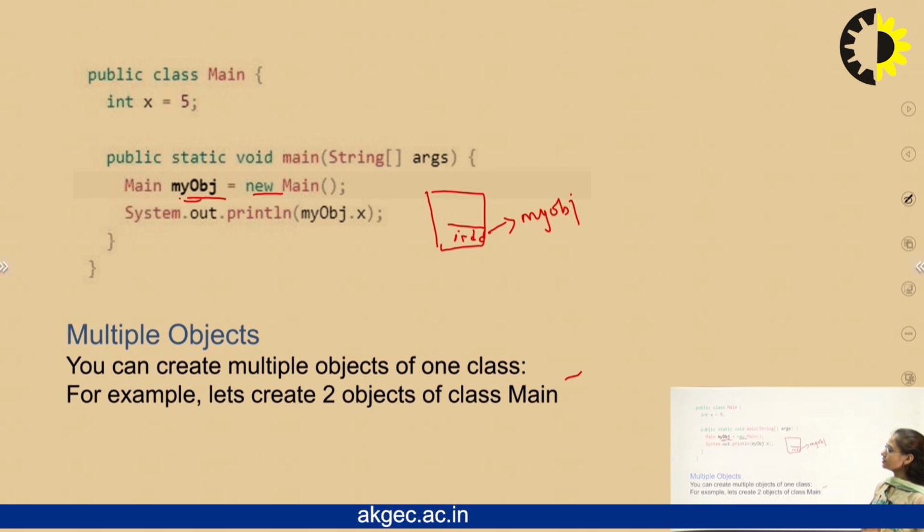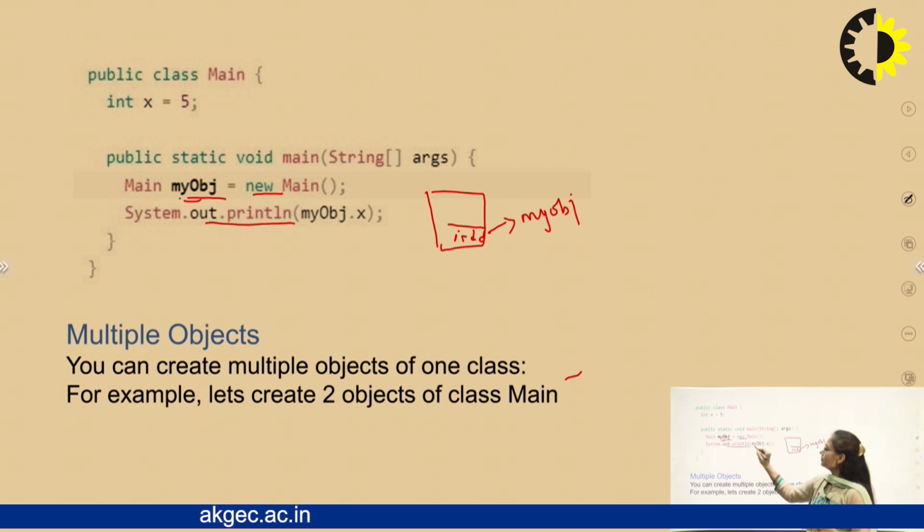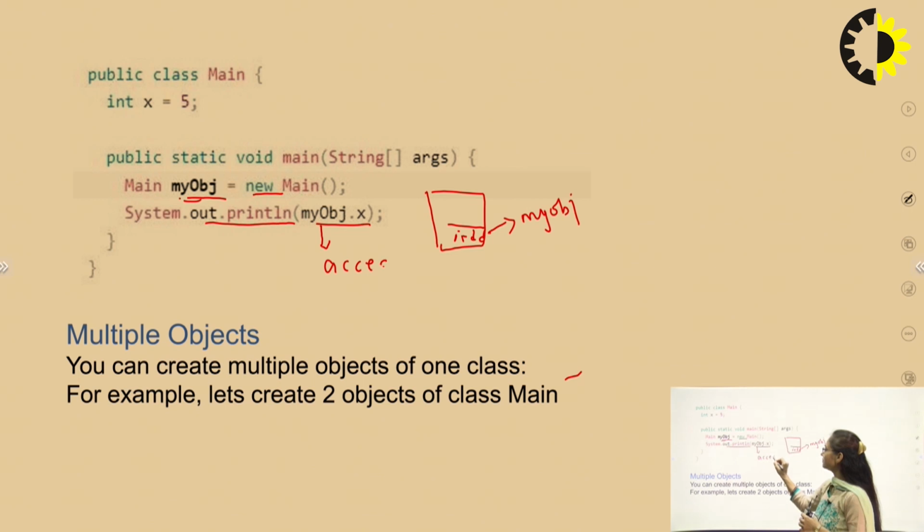System.out.println is the way you print your output in Java programming. The myObject.x means that it is accessing the value of x. After initialization of the object, you are able to access this variable with the help of the object creation.